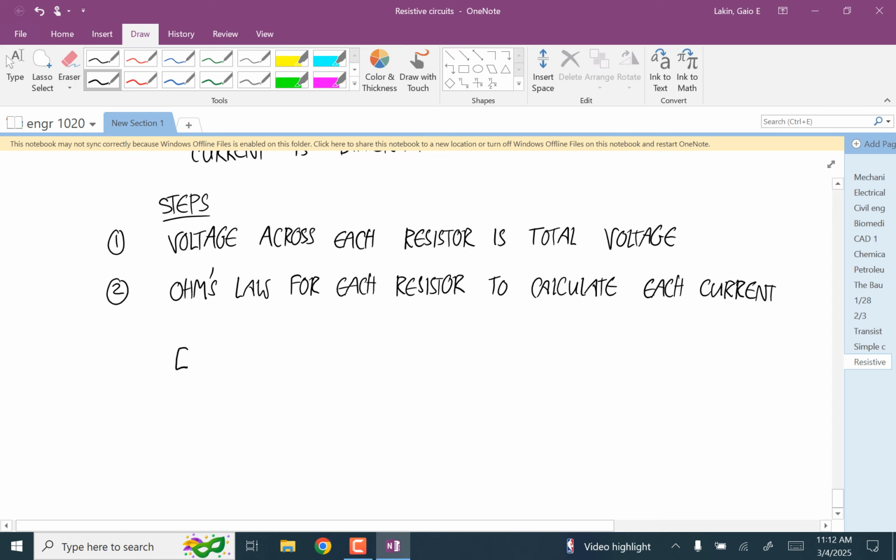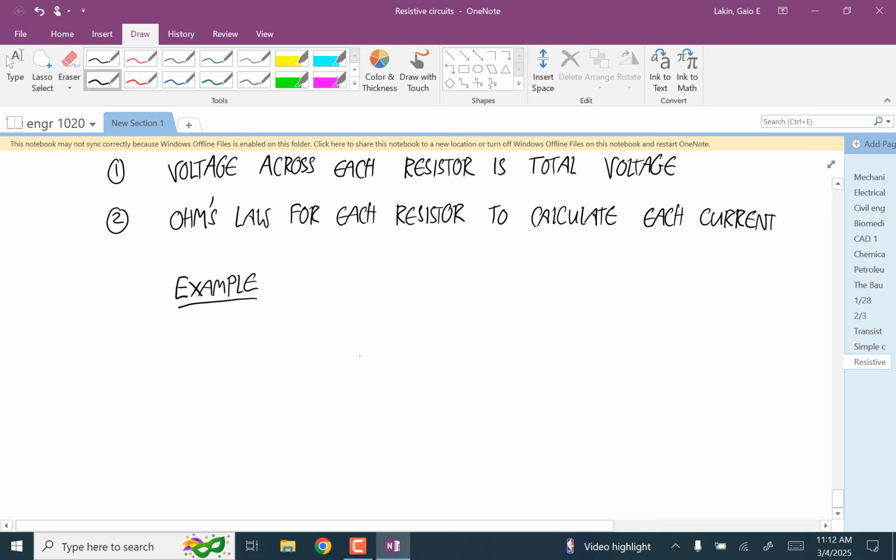Okay, so let me do an example. Let's say we have plus 6 volts here. And let's say we have 100 ohms for that resistor and 1,000 ohms for this resistor.